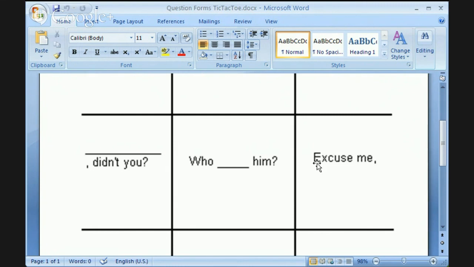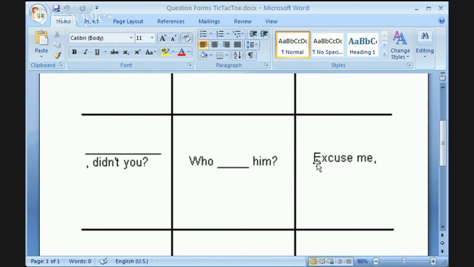Could you bring me to the police station? Somebody gave me another introductory phrase. I think he said, "Would you mind?" Would you mind? Do you mind bringing me to the police station?